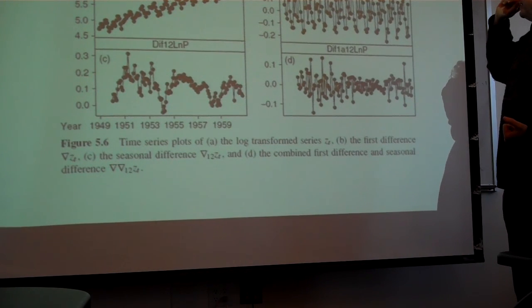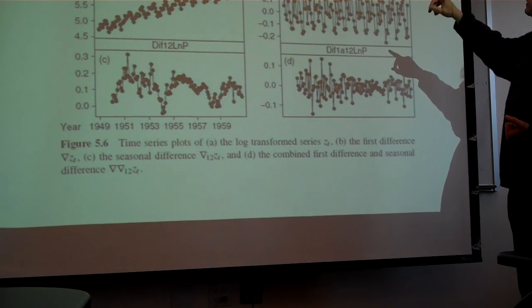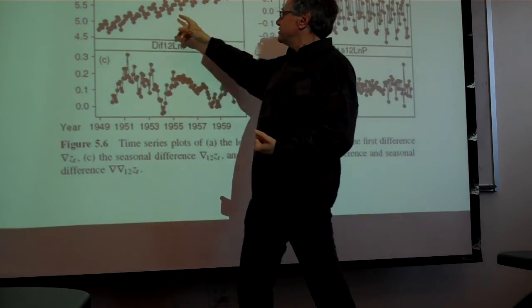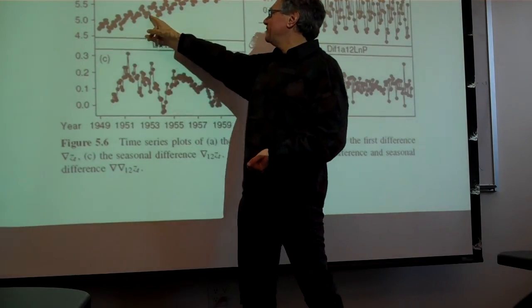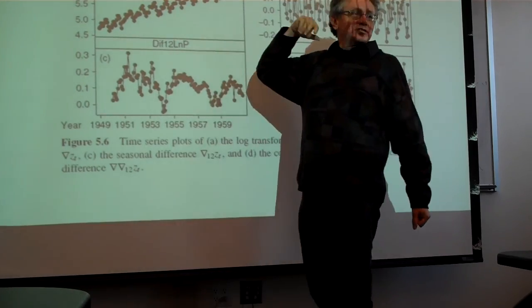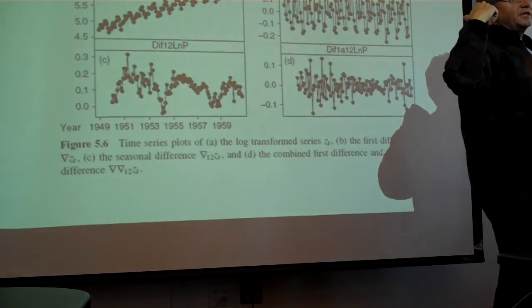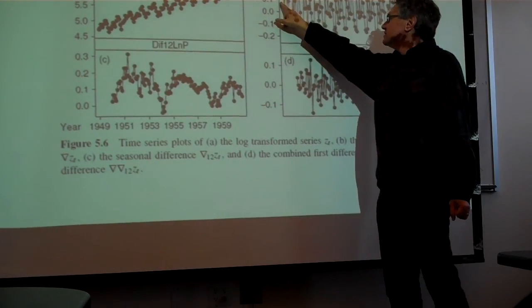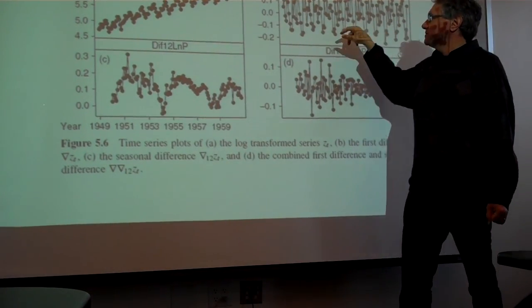So there are two kinds of trends to look at. There is this linear trend in the mean, which we can control by taking a first difference, and that's what this is. This is the same first difference.